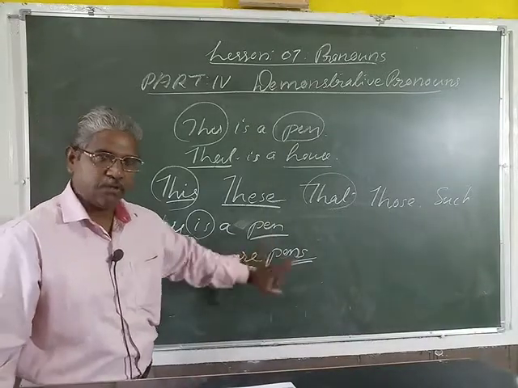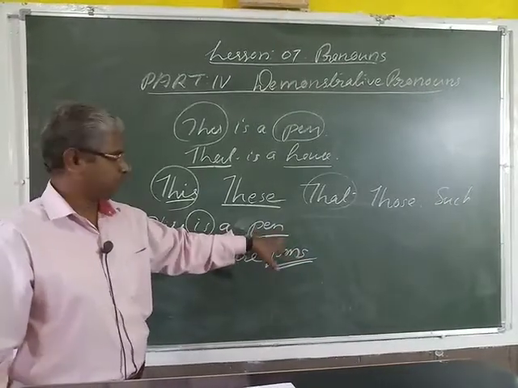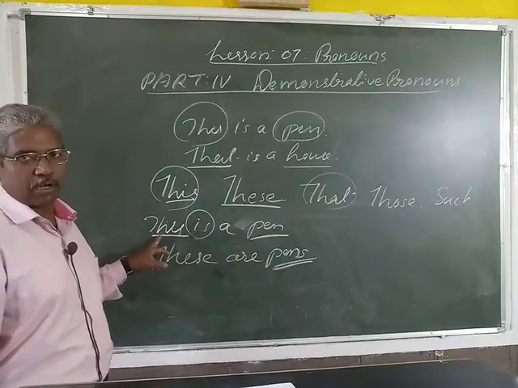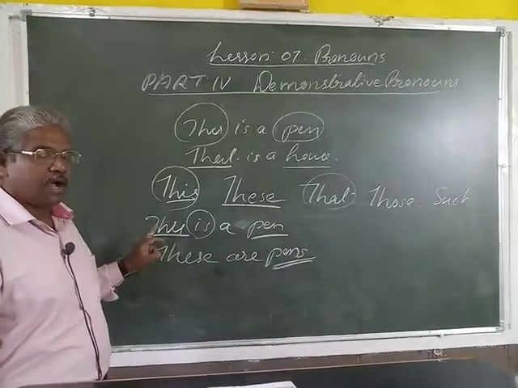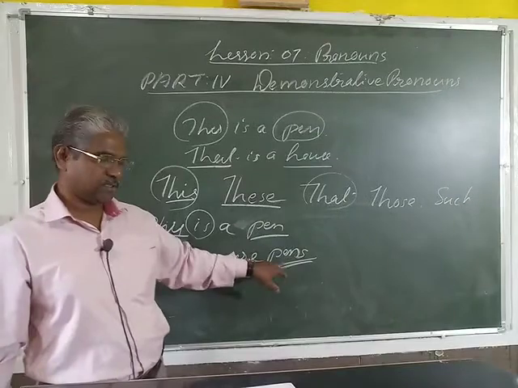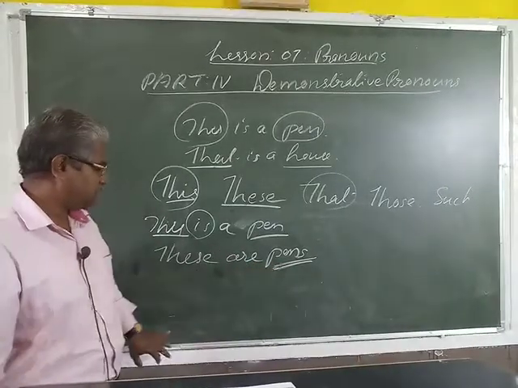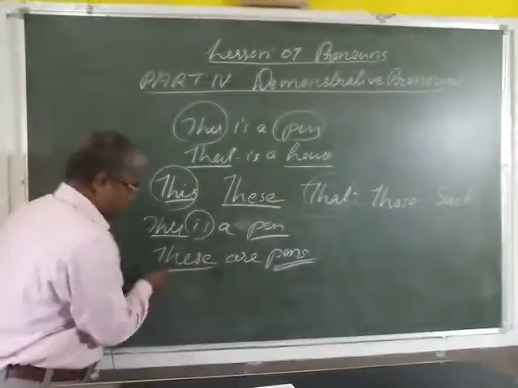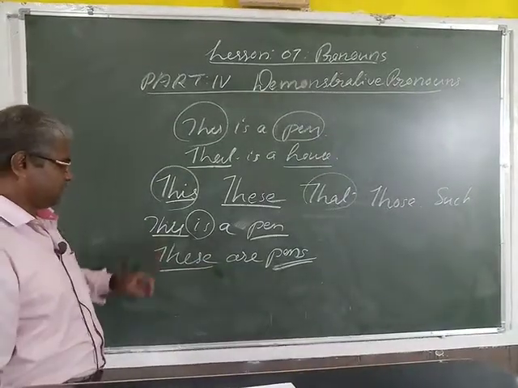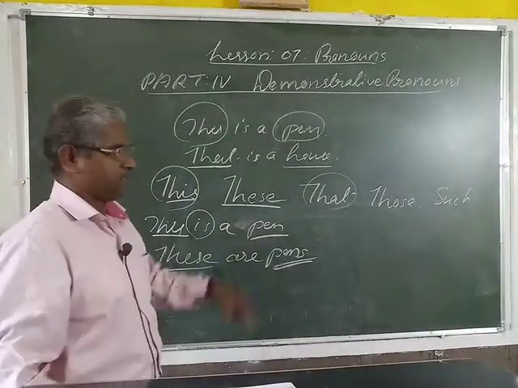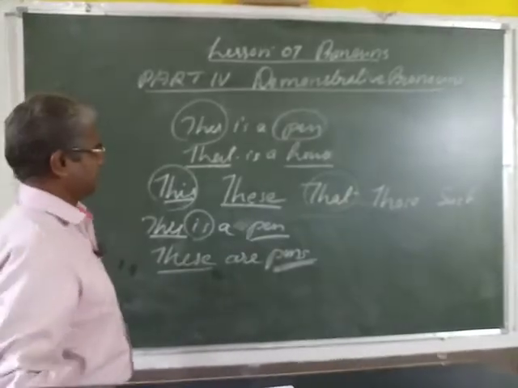With the singular object, we use the singular pronoun this. And with the plural objects, with the pens, we use the plural demonstrative pronoun. This, these, that, those, then such.